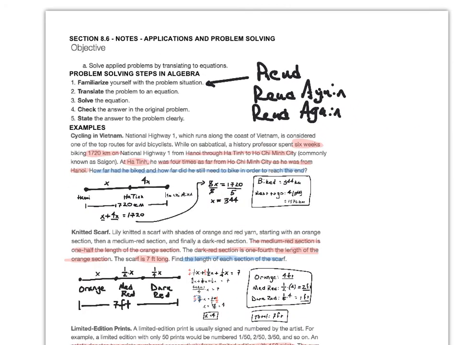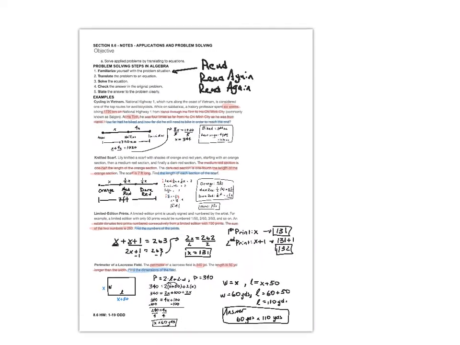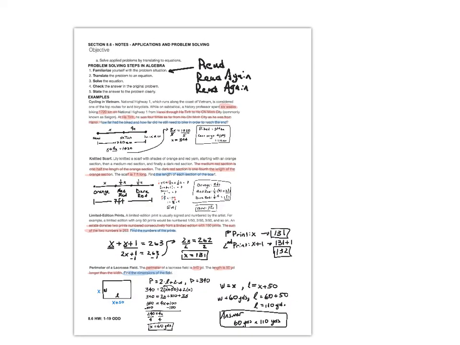I would draw pictures, figure out what you want your variables to be, and go through that process. It can be a little tricky, but if you do a lot of these, then it'll become a little bit easier for you.